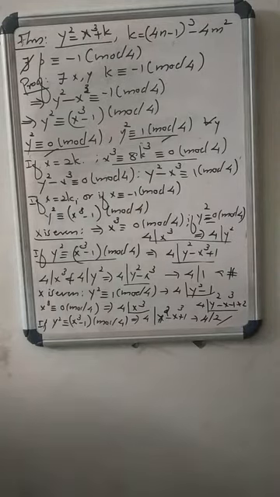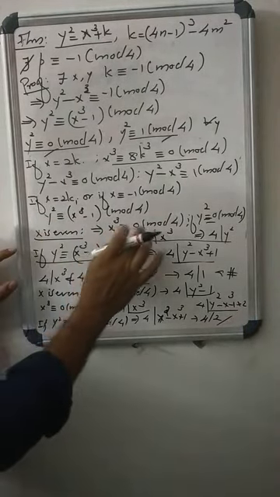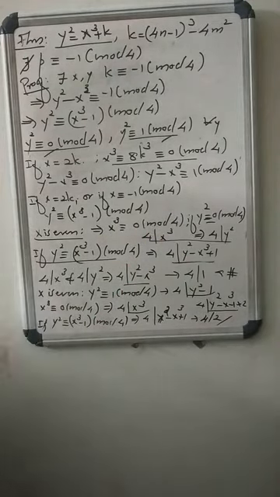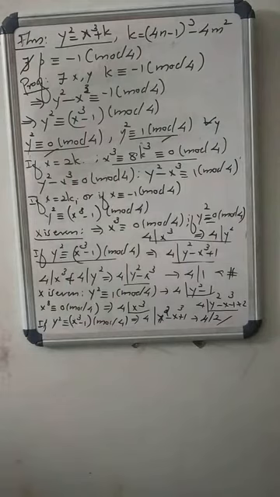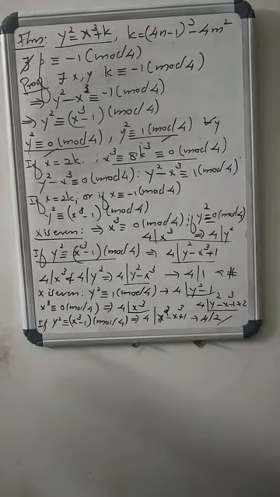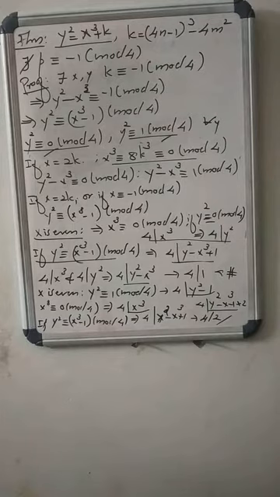We see that when x is even and y square is congruent to 0 mod 4, then y square congruent to x cube minus 1 mod 4 is not possible. Also, when x is even and y square is congruent to 1 mod 4, in that case also y square congruent to x cube minus 1 mod 4 is not possible.